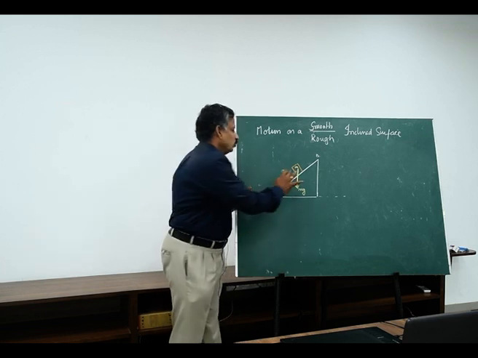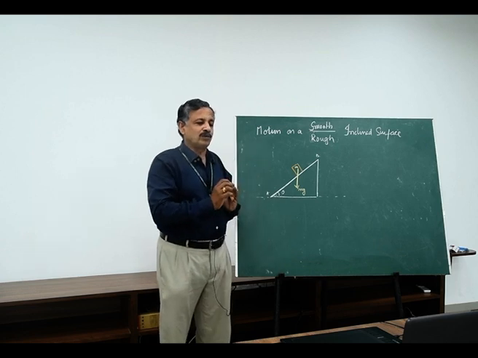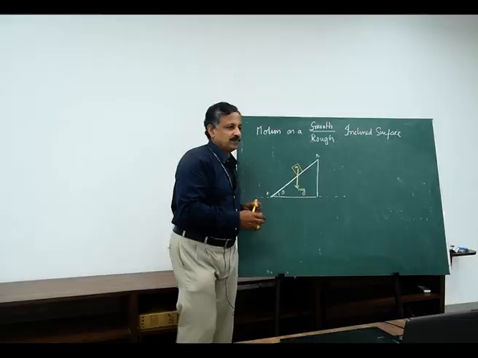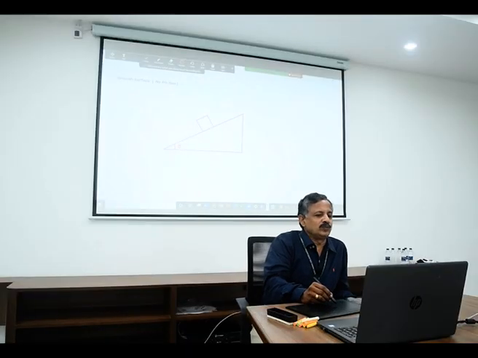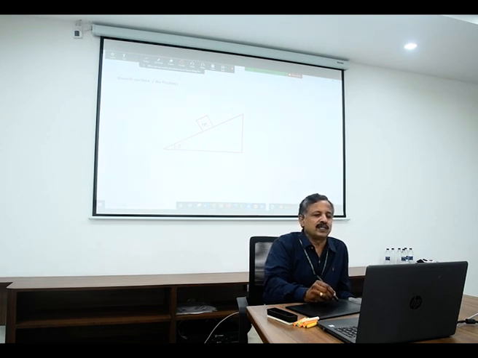Now we have to zoom this part. Will it act parallel to the surface or perpendicular to the surface? Let me just zoom it on the board. So I would like to zoom the forces that are acting on it. Mass is m, placed on an inclined surface AB, the same diagram. I said weight is acting vertically downward.